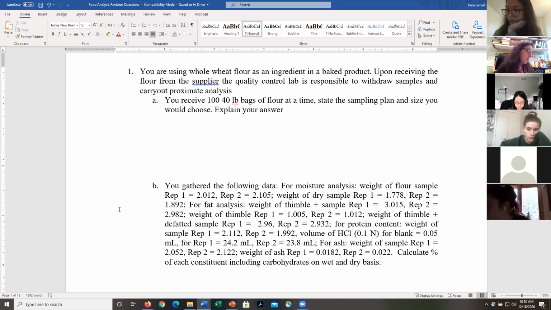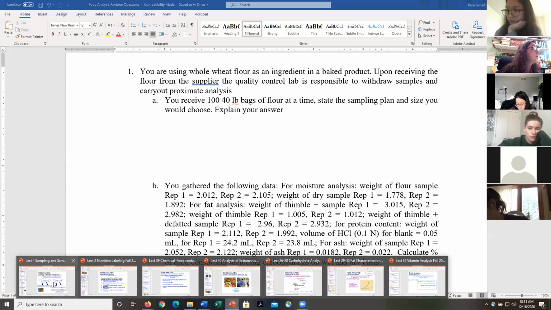So for this 140 pound bag, usually the safest is to take the square root of the 100. So if you have 100, you take the square root of that. That's 10. So you would number your bags with random numbers, and you would use a random number table, and you select 10 random numbers, and from there you take these bags. And also, if you don't remember, I'm going to show you here.